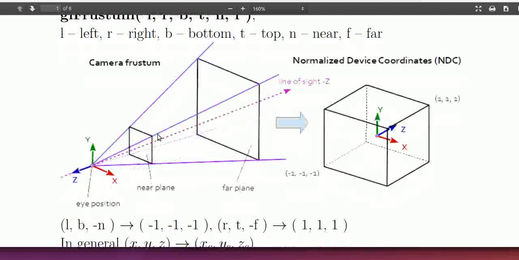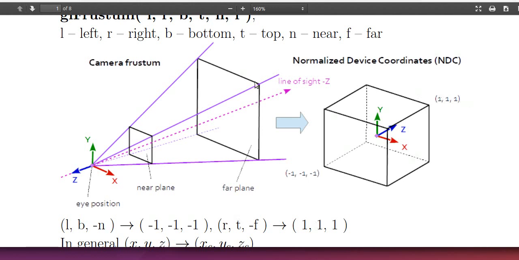Now, in the OpenGL projection transformation, this frustum will be transformed into a 2 by 2 by 2 cube, with the point L, B, negative N mapped to the point negative 1, negative 1, negative 1, and this point at the far plane mapped to 1, 1, 1.